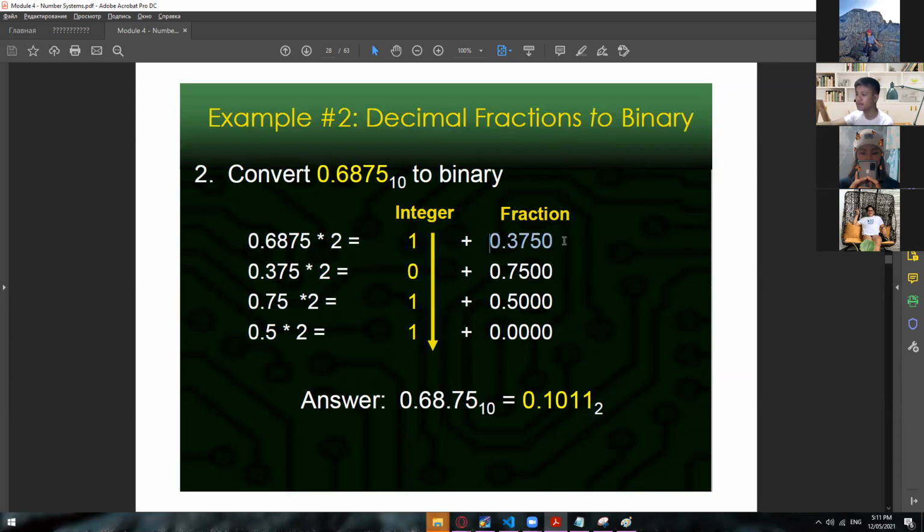So just keep on copying that one. So 0.375 times 2 will give you 0.75. So 0 for the integer and then 0.75 for the fraction. So 0.75 times 2 is 1.5, and then 1 here, and then 0.5 right here, and then 0.5 times 2 will give you 1, and then the fraction part is 0. So since this one is already 0, then you can now start reading the integer part from top to bottom. So this will give you an answer of 1011 base 2.